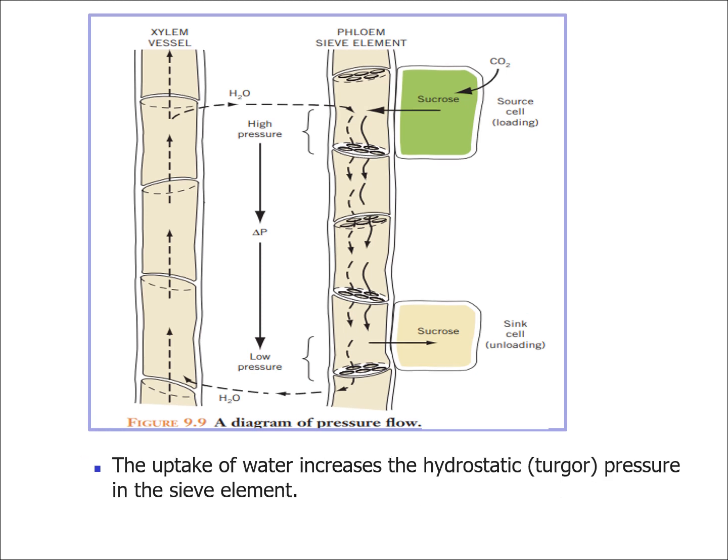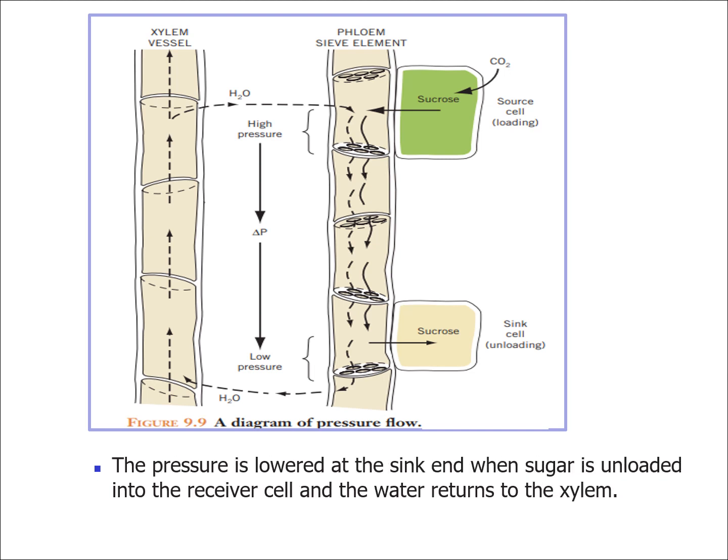The uptake of water increases the hydrostatic pressure, or the turgor pressure, in the sieve tube element. The pressure is lowered at the sink end when sugar is unloaded into the receiver cell.